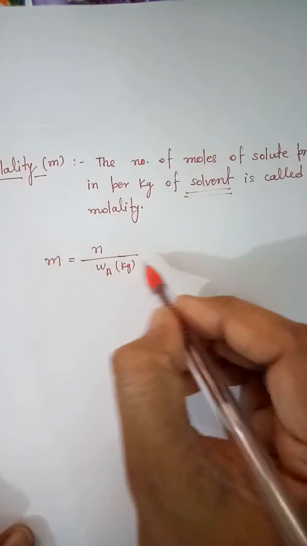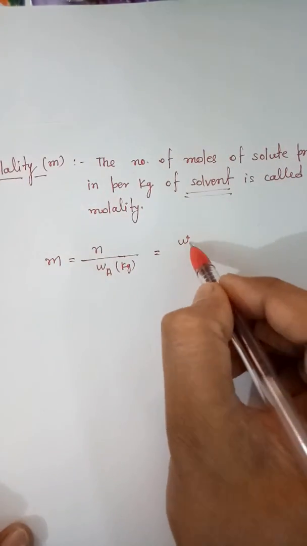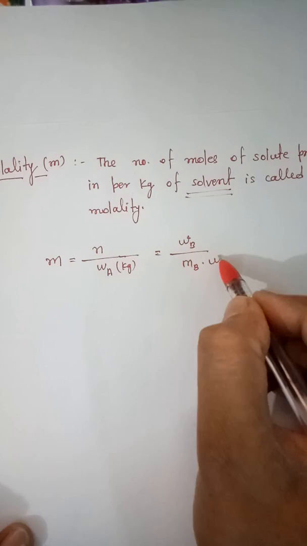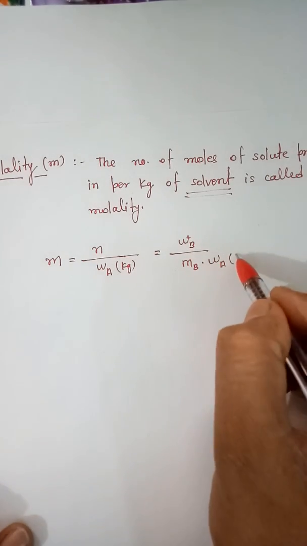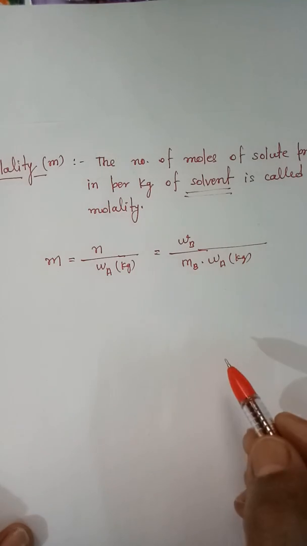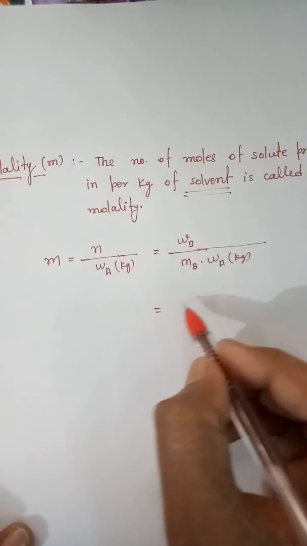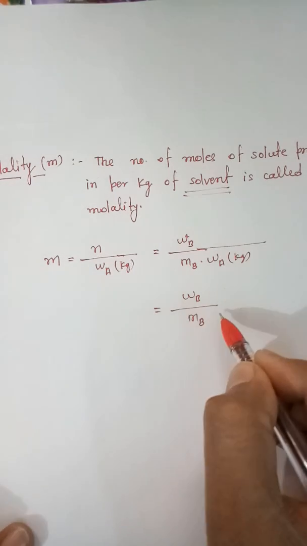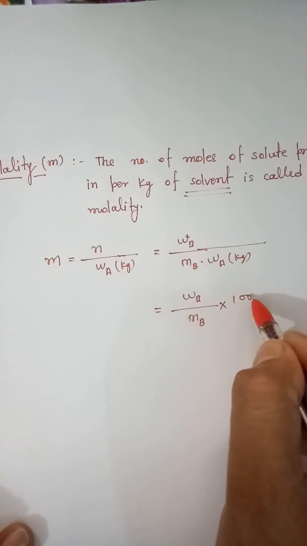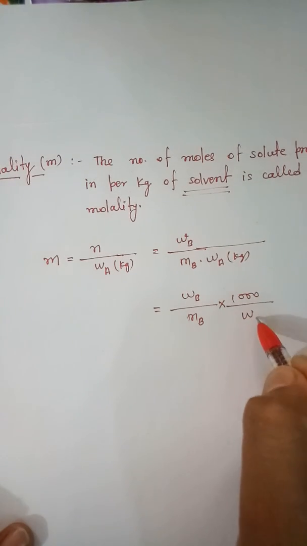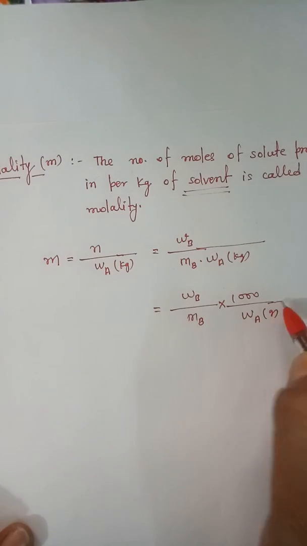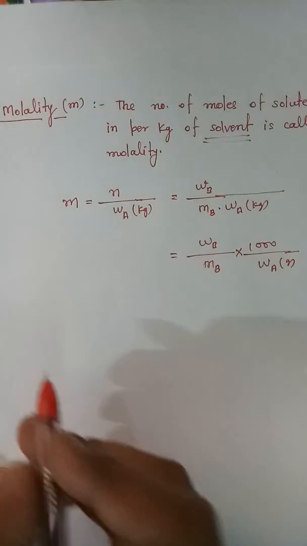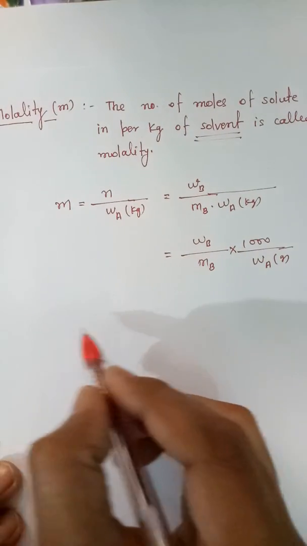Or we can write it as mass of solute upon molar mass of solute and mass of solvent in kg, or mass of solute upon molar mass of solute multiplied by 1000 upon mass of solvent in gram. This is the molality.